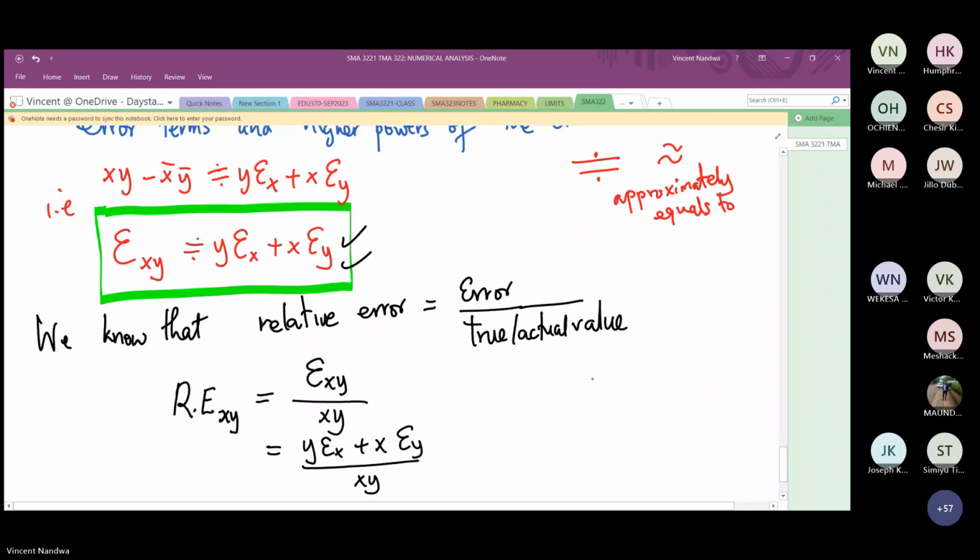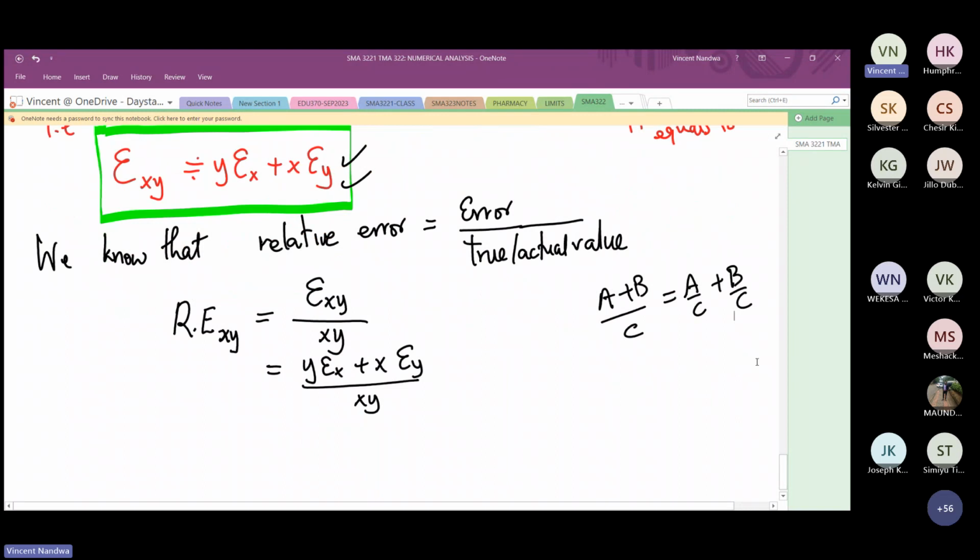Now, if I give you this fraction, a plus b over c, how else can we write it? A over c plus b over c. Correct. So we do the same thing here. There will be no mistake in saying this is the same as y error in x over xy plus x error in y over xy.